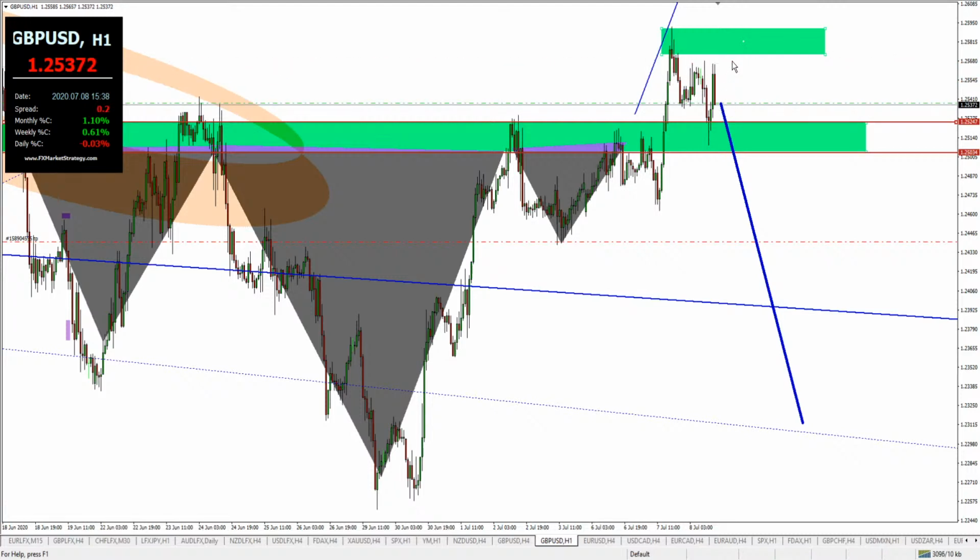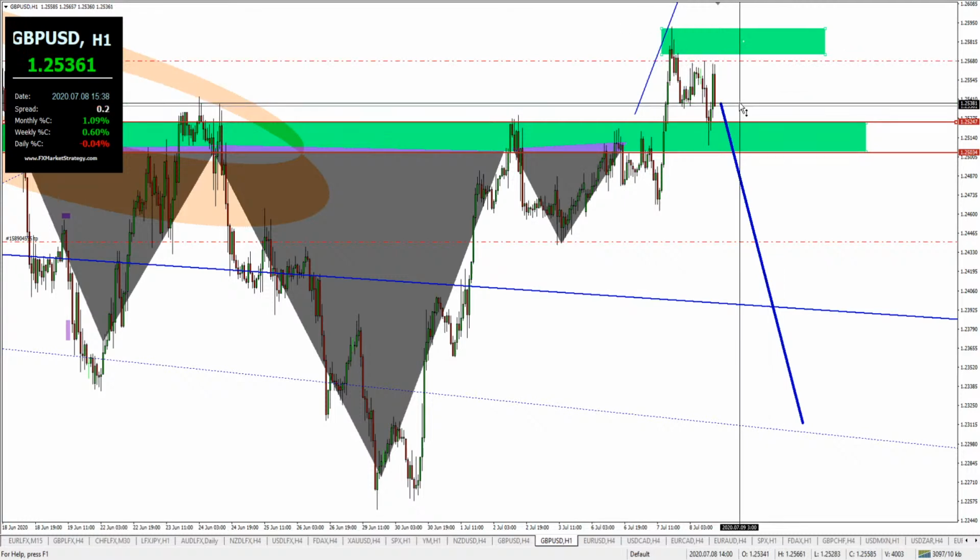I'll just put my stop loss above this candle right here. I'm not going to go too far. How many pips is this one? Only 35 pips. So you know what, I'm okay with this, even if it does hit. It's an immediate profit. So the pound dollar is crashing.